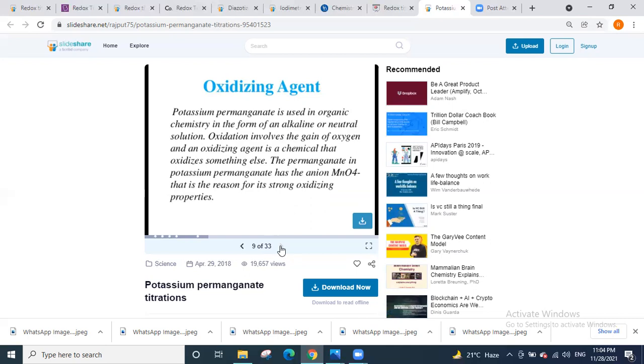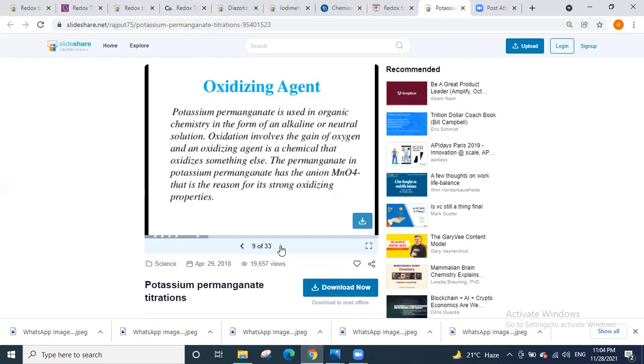Then on the basis of that we have some negative and some positive values of redox potential. What is this redox potential? That is the power of reduction. The more power of reduction, the more ability to reduce.